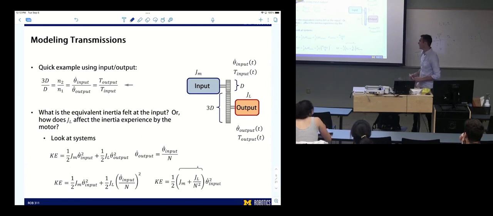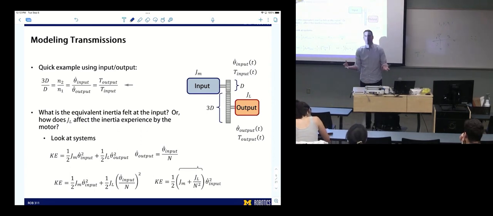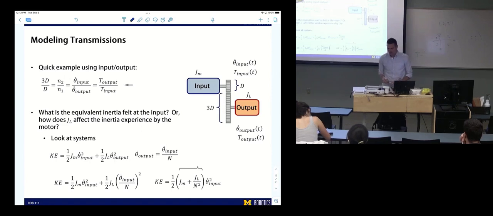So if we look at the motor side, one way to wrap our heads around the effect of adding mass is to just look at kinetic energy and rearrange terms. So if we create the equation for kinetic energy, it's going to be 1/2 the inertia of the motor times theta dot input squared, plus 1/2 the inertia of the output times theta dot output squared, just total kinetic energy.